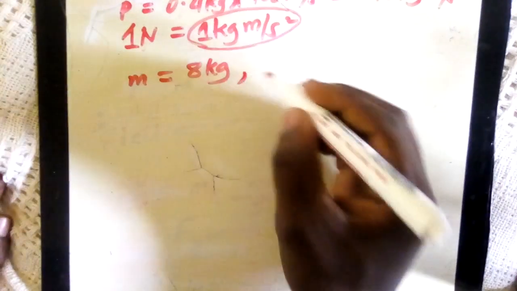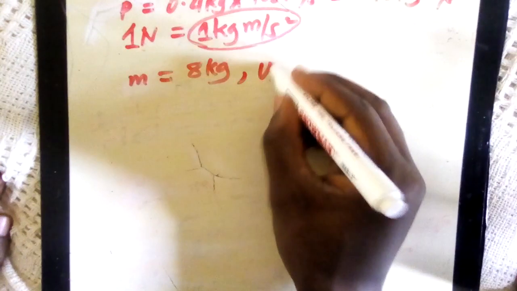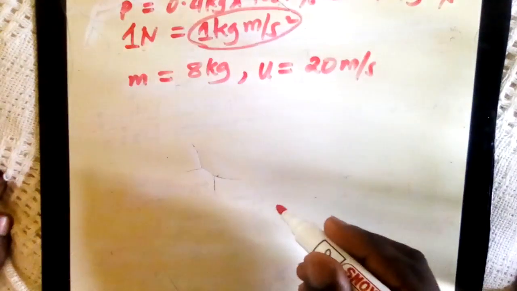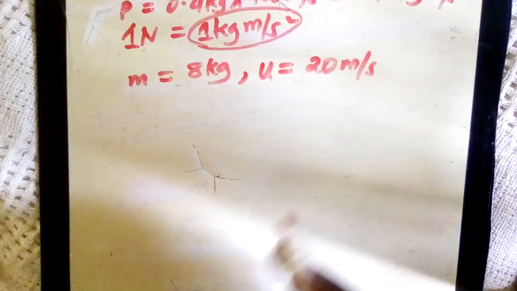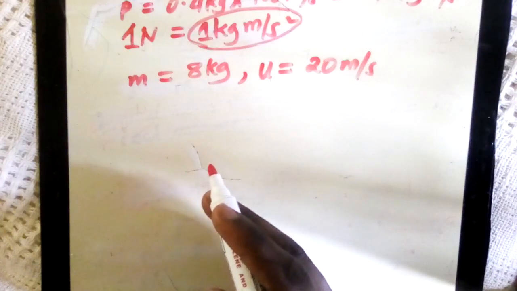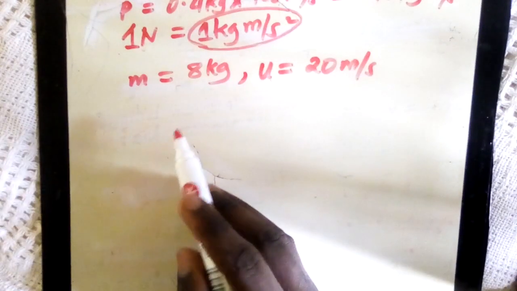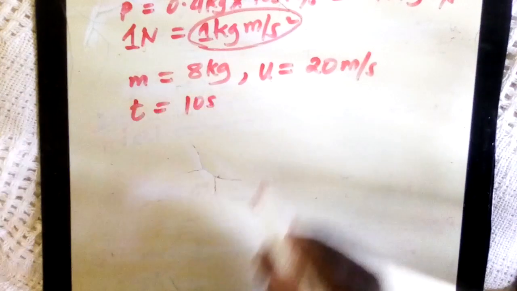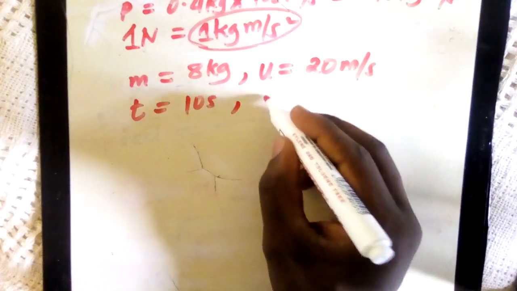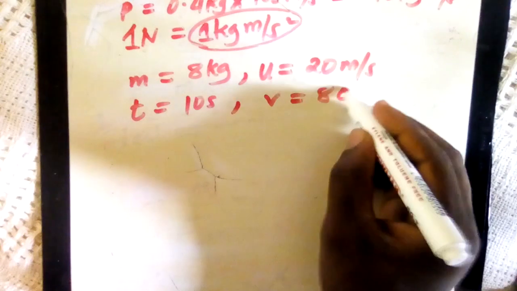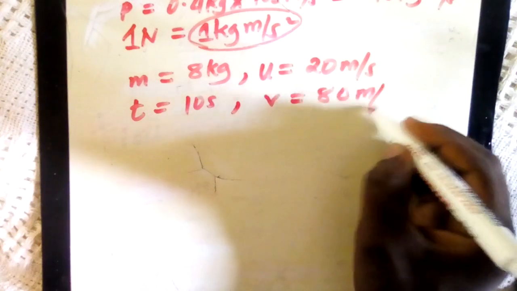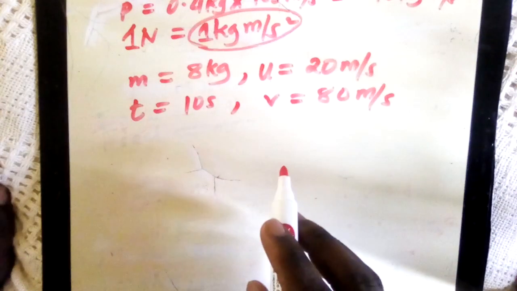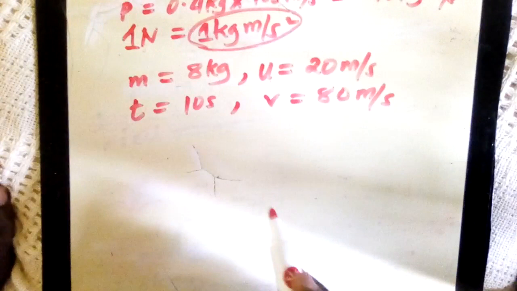And let's assume that this bicycle is moving at an initial velocity of 20 meters per second, and when the force acts on that bicycle for 10 seconds, its final velocity becomes 80 meters per second. So what would be the force which caused this change in velocity?